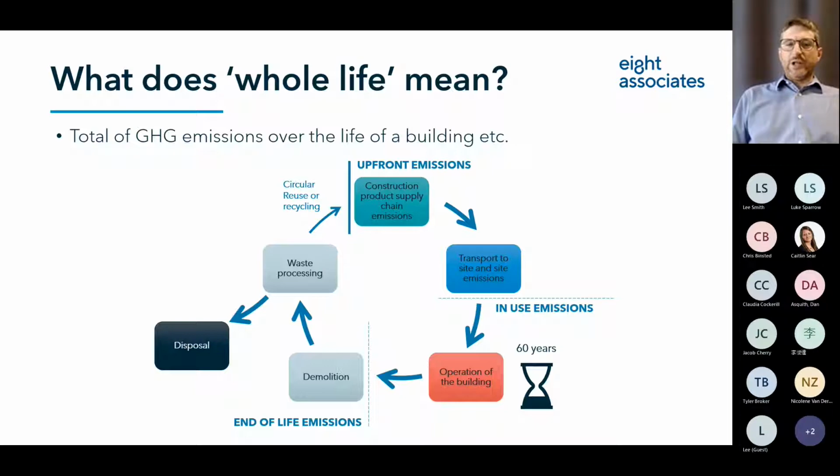And you hope that with the circular economy, and traditionally a lot of materials have been reused, like metals, for example, with high value, that a lot of these materials are extracted and sent off to be reprocessed, recycled, reused, and then re-enter a new life at the beginning of the next building's life. Unfortunately, though, a lot of materials do end up being disposed of permanently in landfill or in incineration, for example. So that's an example of the whole life of a building and the different stages, and we'll go into that in a bit more detail.